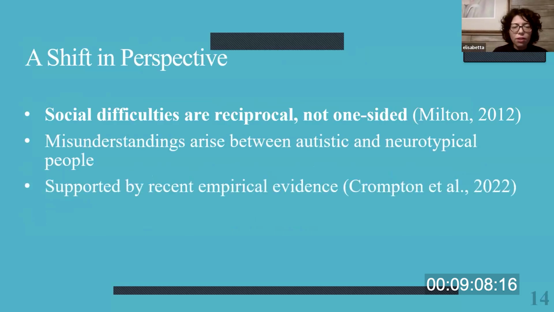And also, these claims are supported by recent empirical evidence where communication among autistic people and among neurotypical individuals have been studied and compared, and apparently there is not a deficit in autistic communication, but where the difficulties happen is in the relationship between an autistic person and a neurotypical individual.